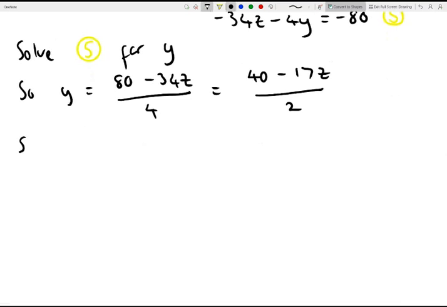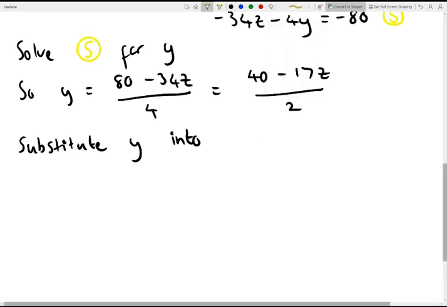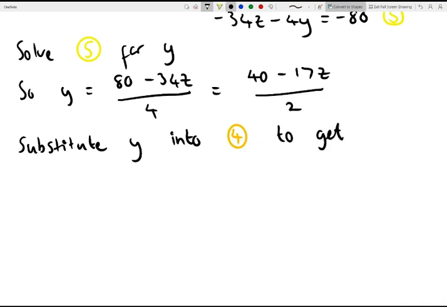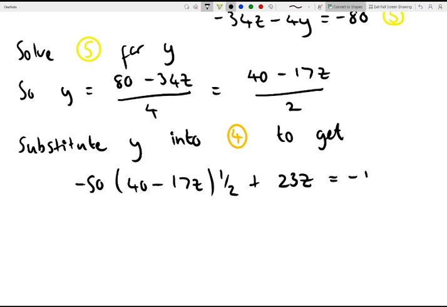So if we substitute this y into equation 4, to get minus 50 times 40 minus 17z all over 2 plus 23z equals minus 104.